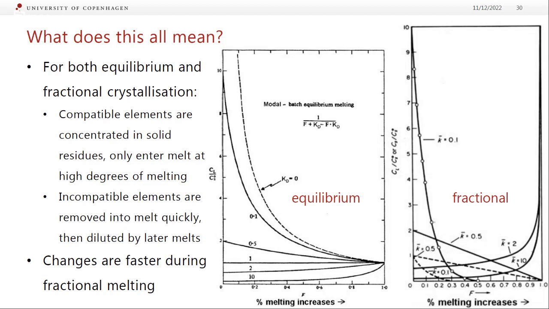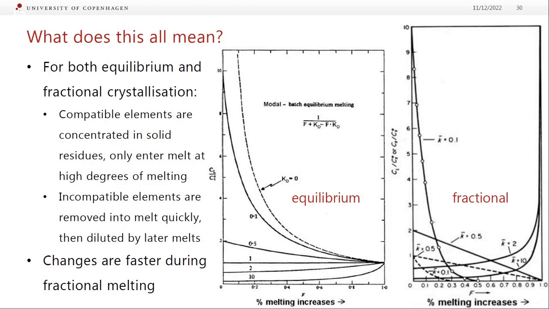So this is the extreme case where it's perfectly incompatible. This is a more standard incompatible element. The bulk partition coefficient is 0.1. And so if we start with a concentration of 1, then the very first melt that forms has a concentration of 10. And again, we can do that by just making F equal 0 here.